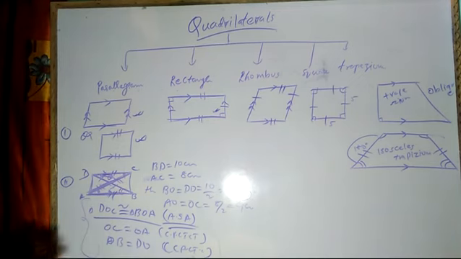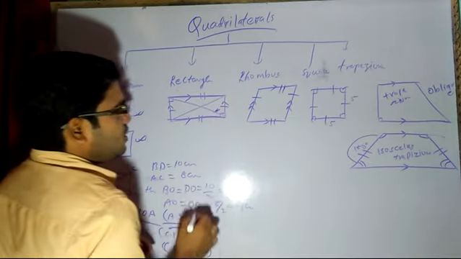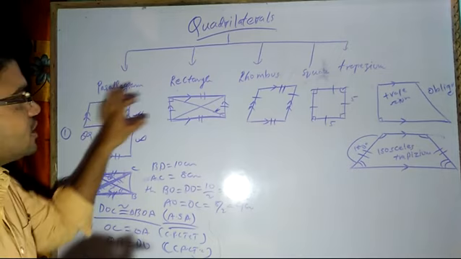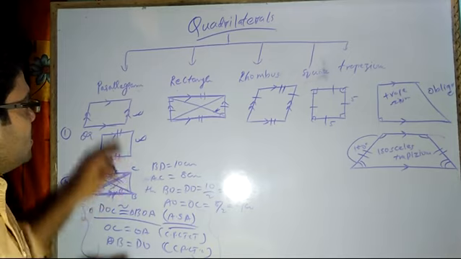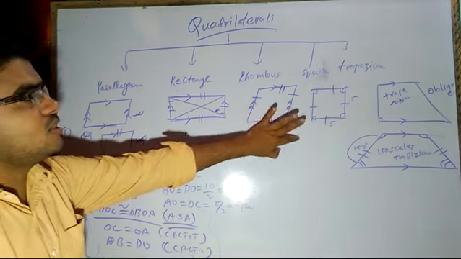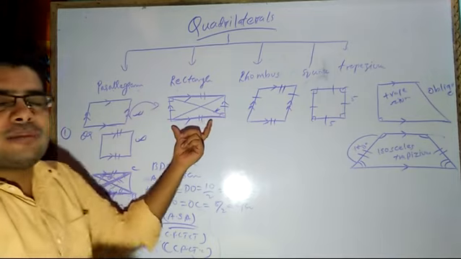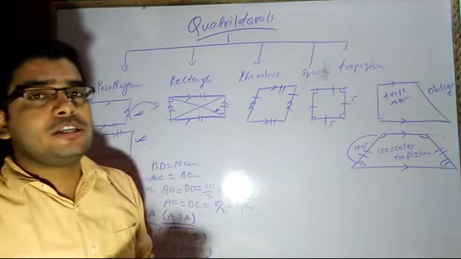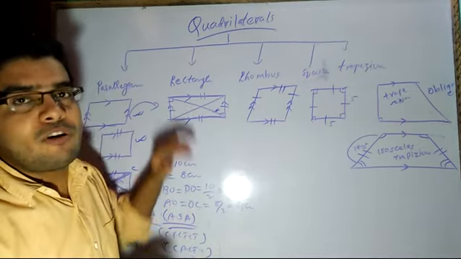Now similarly here also, if you draw the diagonal, it is also a special type of parallelogram. All three figures come under parallelogram because opposite sides are parallel in all these three cases. First of all, it comes under the family of quadrilateral, and based on the parallelogram criteria, it is a special type of parallelogram.